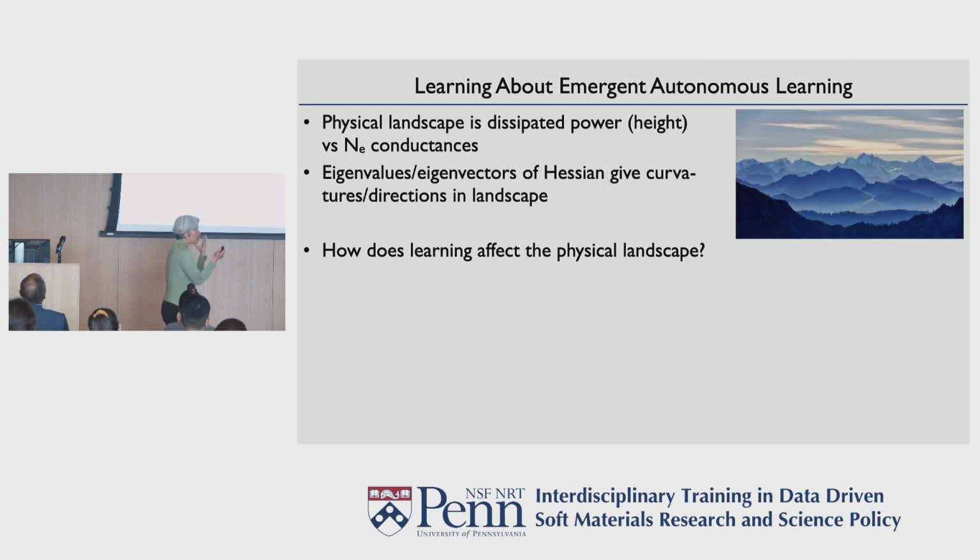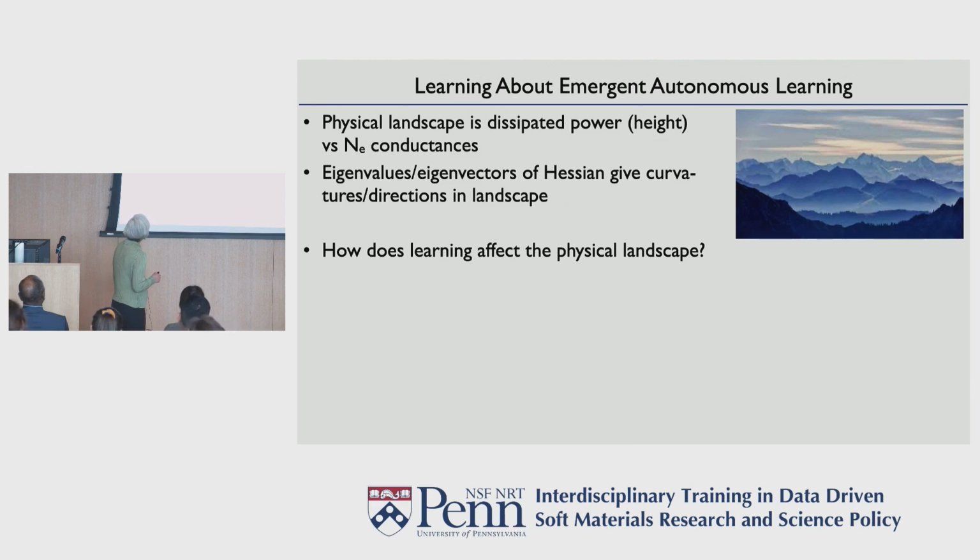So I've got two different landscapes that are coupled together in this problem, okay? And a useful thing to look at is this physical landscape, which is the power versus... Oh no, sorry, this is the learning landscape, which is the dissipated power versus the conductances.